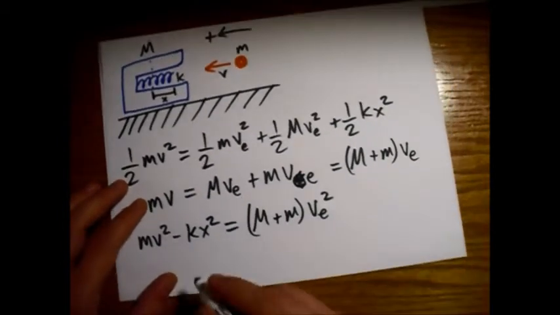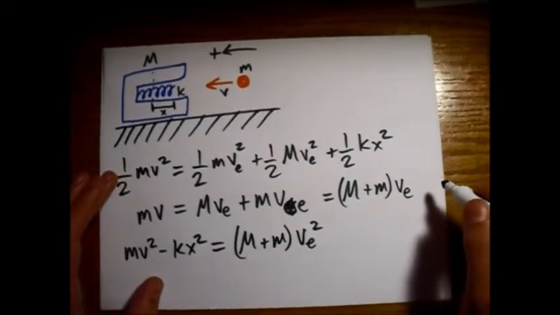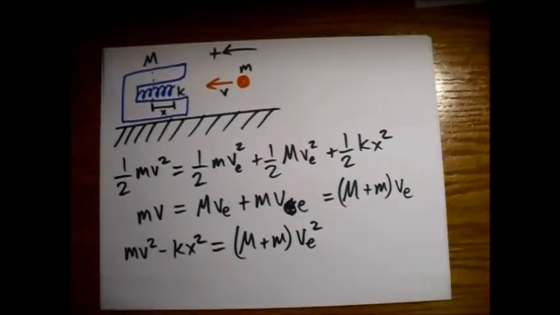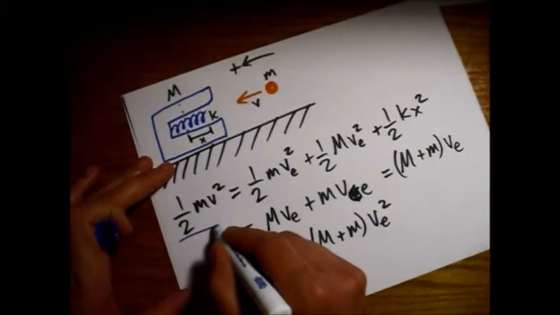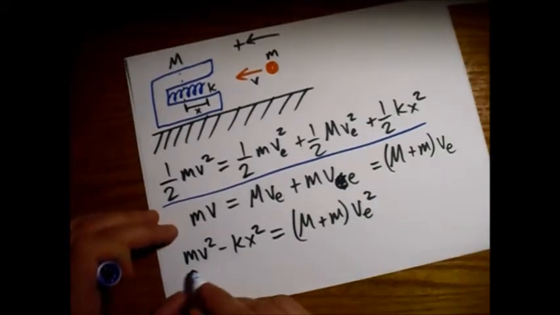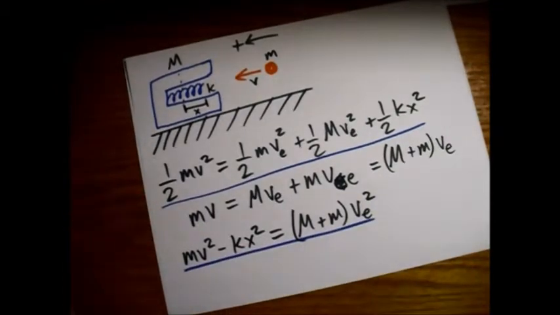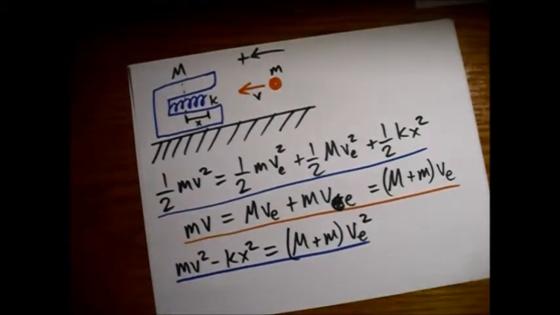I should have done this in two different colors. Let me switch to two different colors real quick. So I'm going to underline the energy equation in blue, and this is also the energy equation, and the momentum equation I'm going to underline in orange.